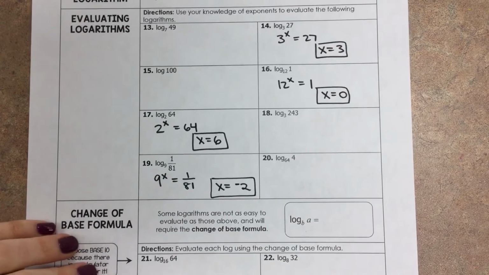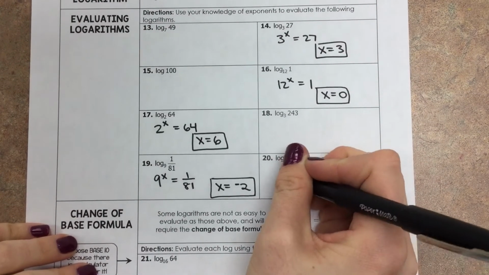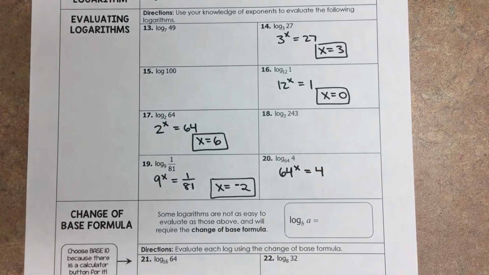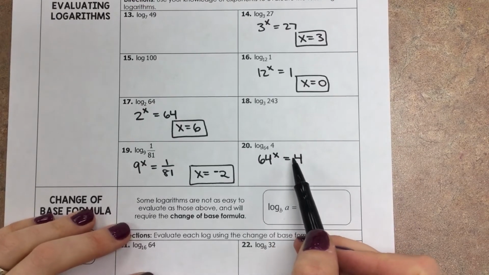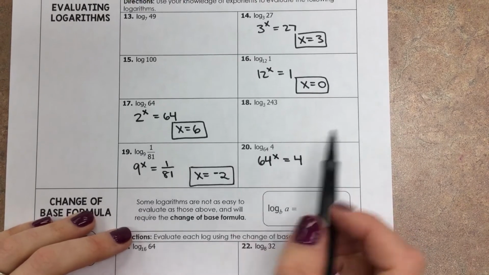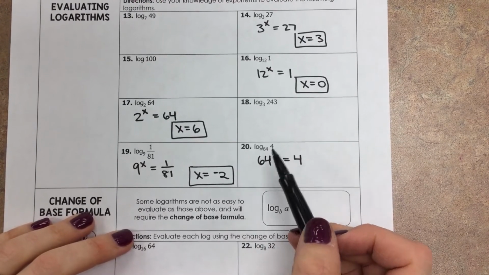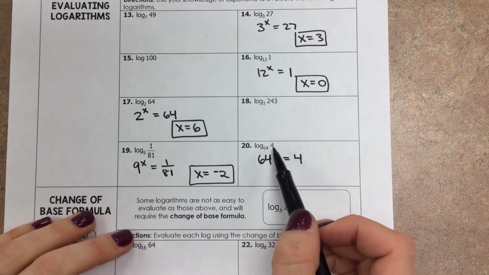And one more here. Let's do number 20. Log base 64 of 4. What power of 64 gives me 4? So 64 to some power is equal to 4. These are probably the trickiest ones. So in order for this number to get smaller, I don't actually raise it to a power. I want to take a root. So this is back to our last unit, unit 6. So 64, what we know here is the connection is that the cubed root of 64 is 4.